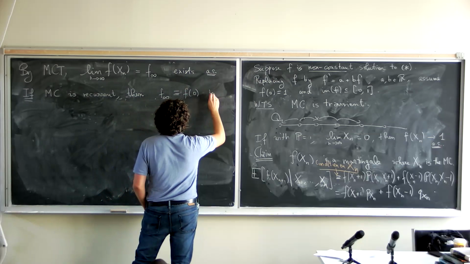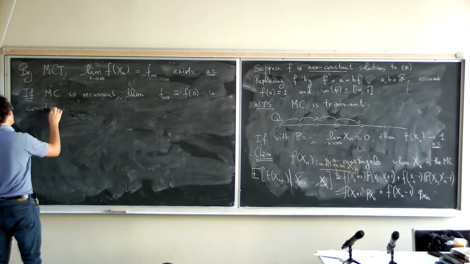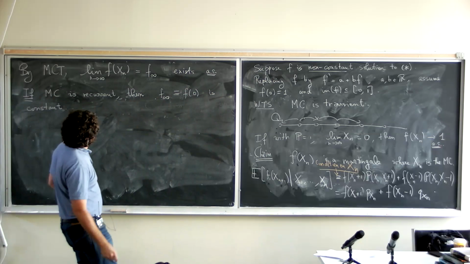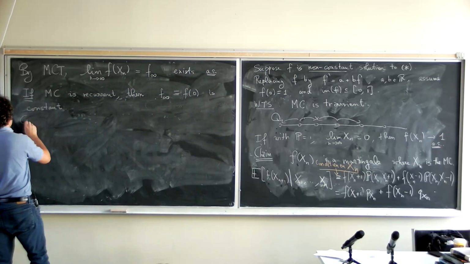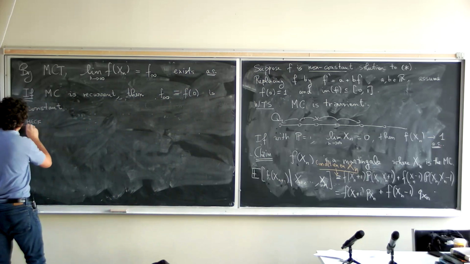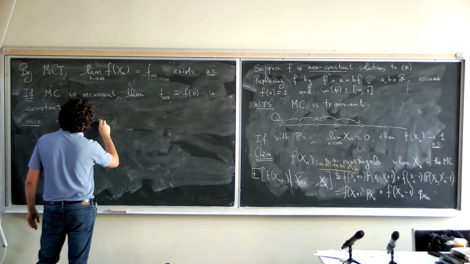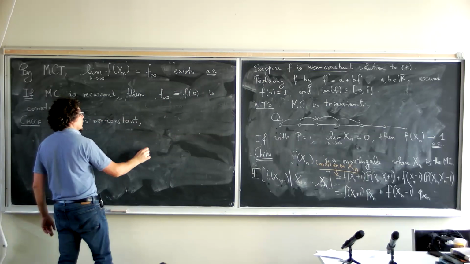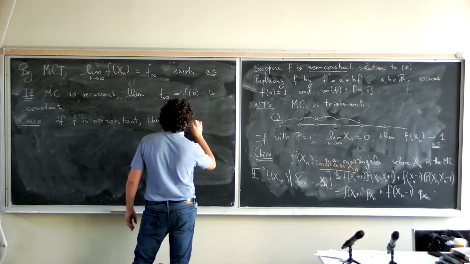So f is constant. The other slightly subtle thing that you have to check here is that if f is not constant to begin with, then f infinity is also non-constant.